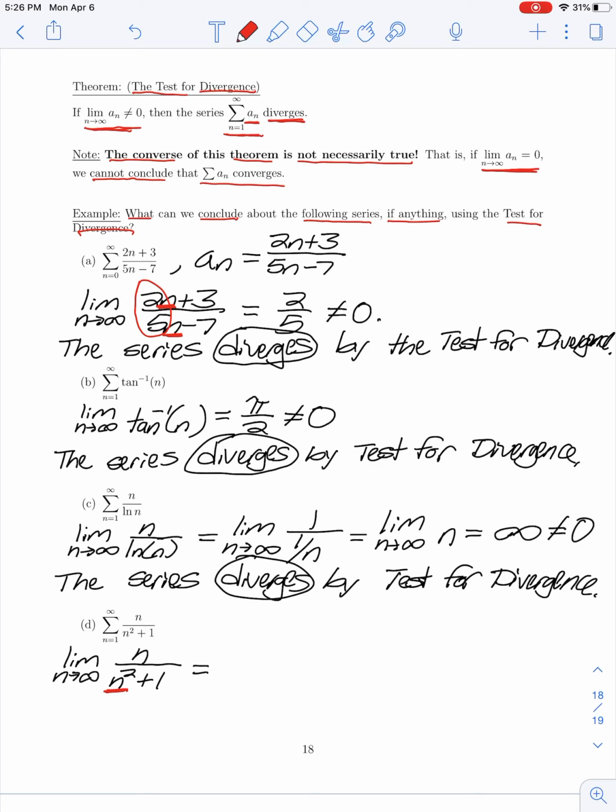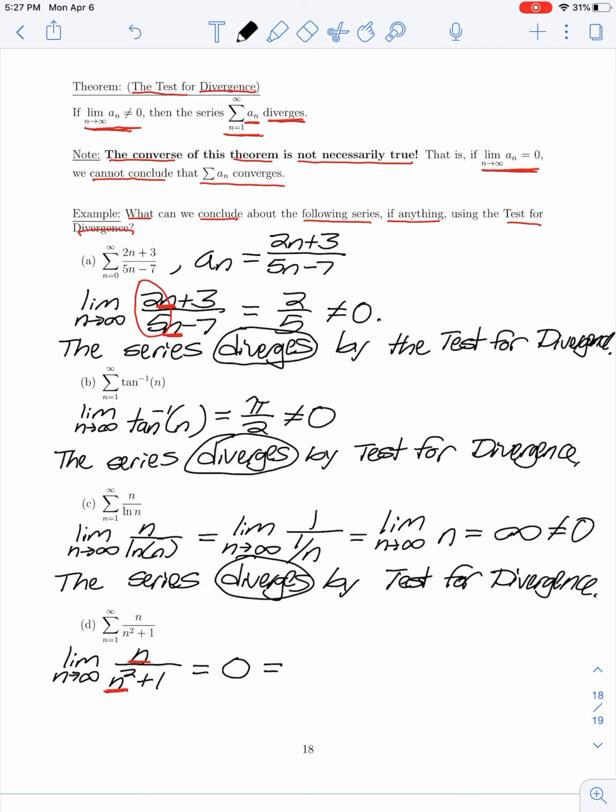We have n squared in the denominator and n to the first in the numerator, which means that as n gets larger, our denominator increases more rapidly than the numerator. So we would have a 0 limit for the limiting value of this function.